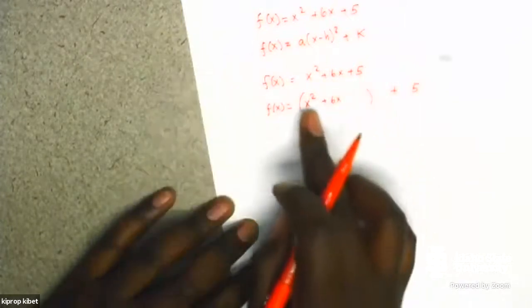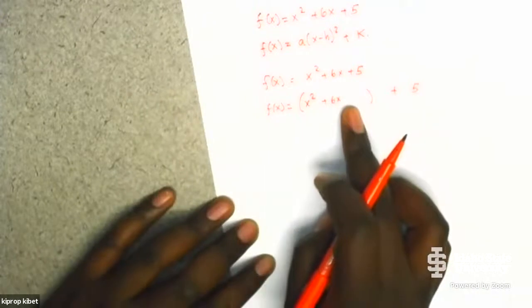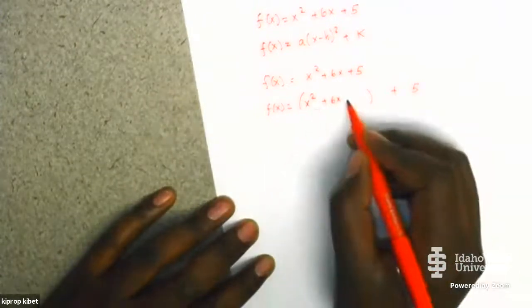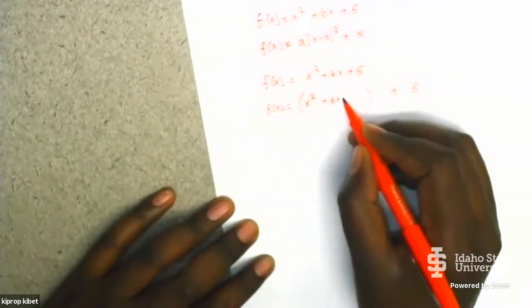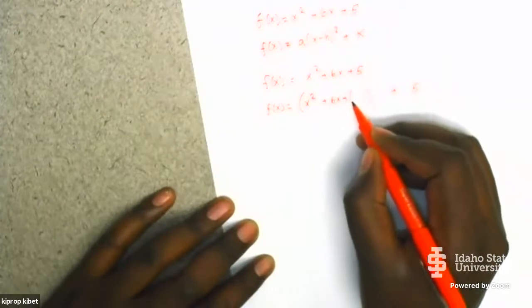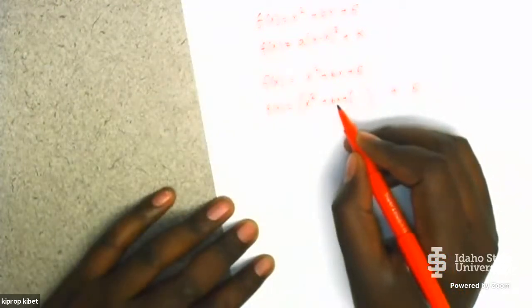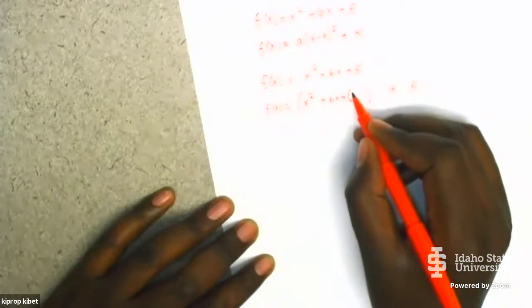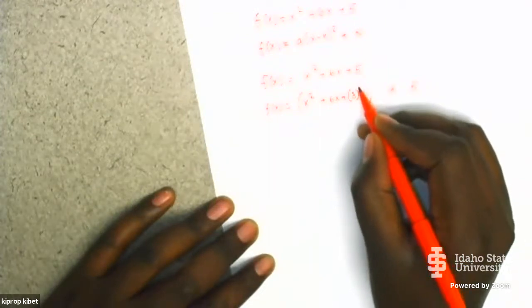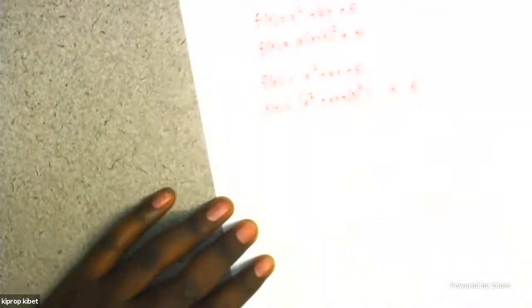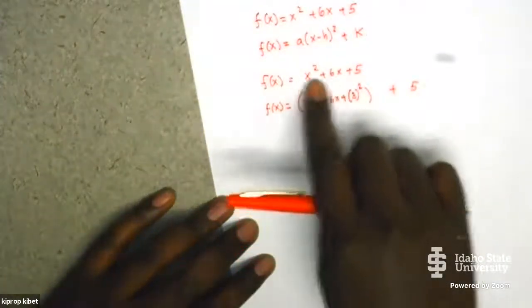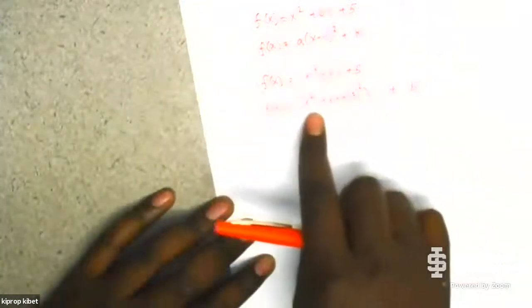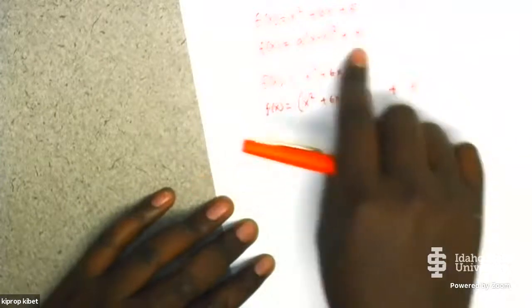Then you do the completing squares here: you add half the coefficient of x, which here is 3, and then you square.